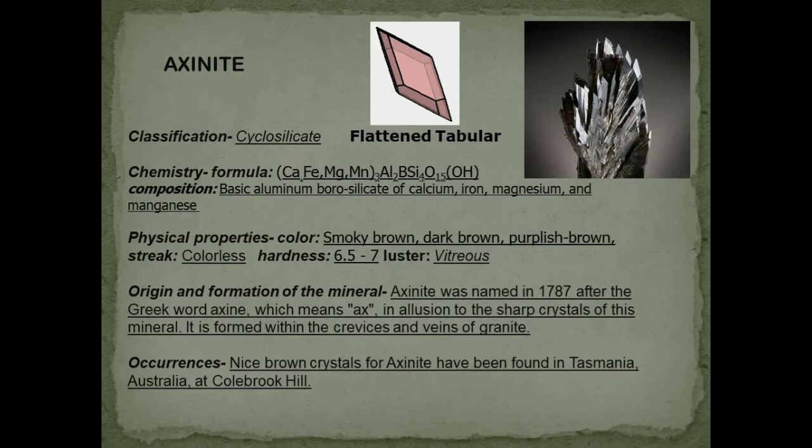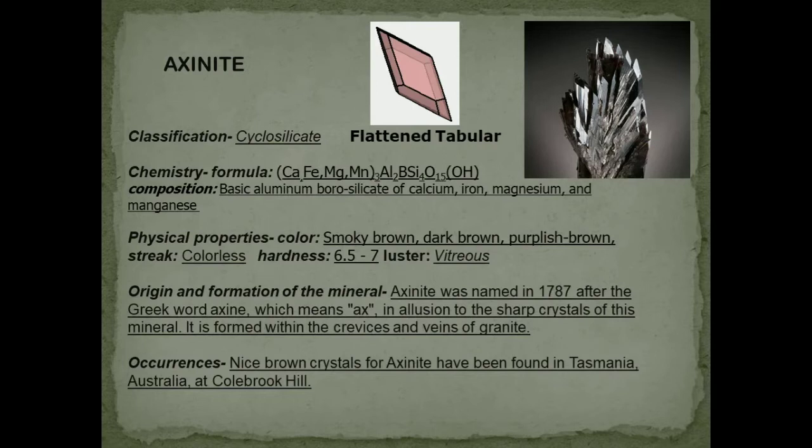Axinite is classified as a cyclosilicate with a chemical composition of calcium, iron, magnesium, and manganese based on the crystal formula, but has a basic aluminum boron silicate of calcium. Its physical properties: colors are smoky brown, dark brown, and purplish brown.